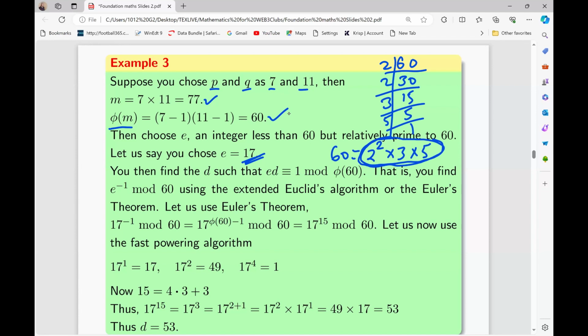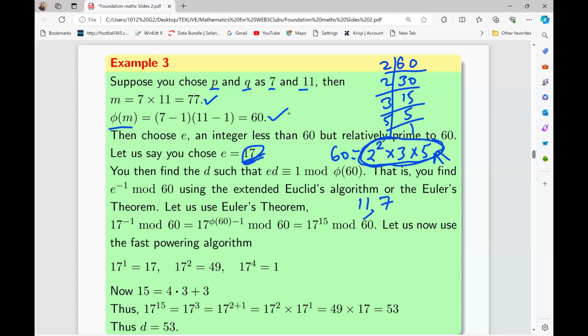That is now the number which is relatively prime to 60. So I've looked at these factors and I've seen 17 is not here. So I choose it to be my E. I could even have chosen 11. Yes, that's correct. I could even have chosen what else? Even 7.